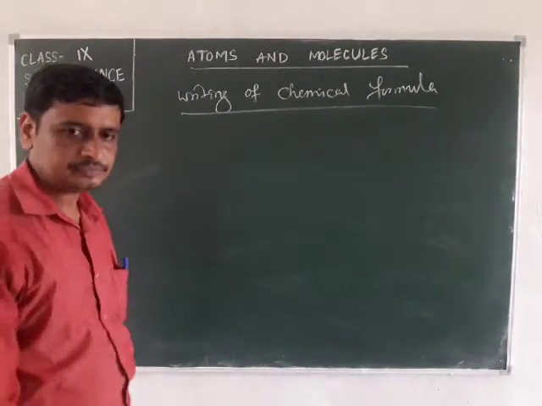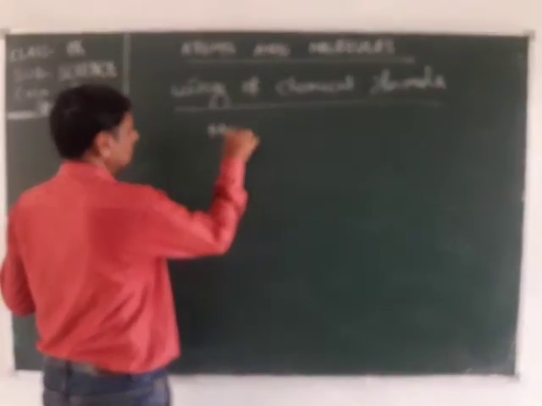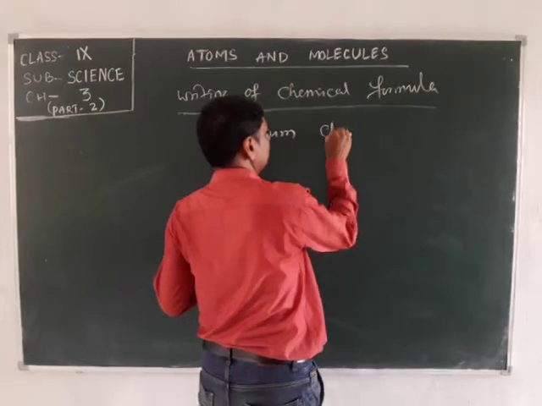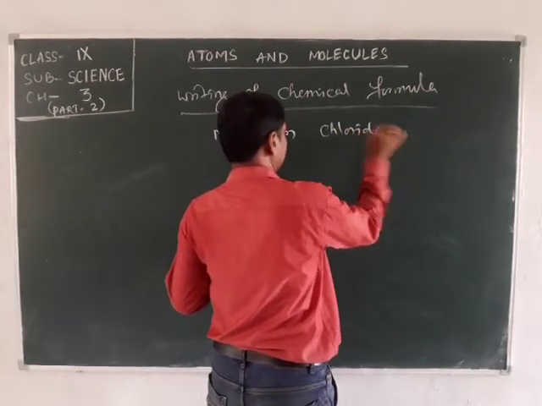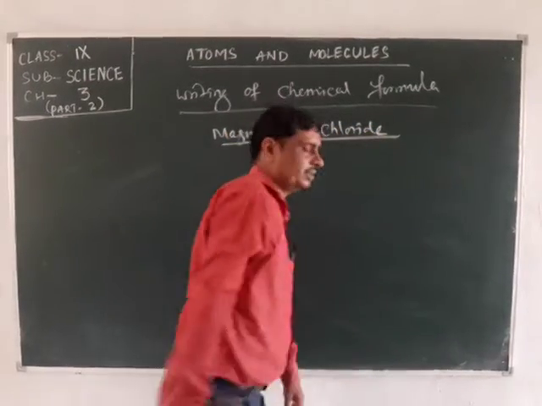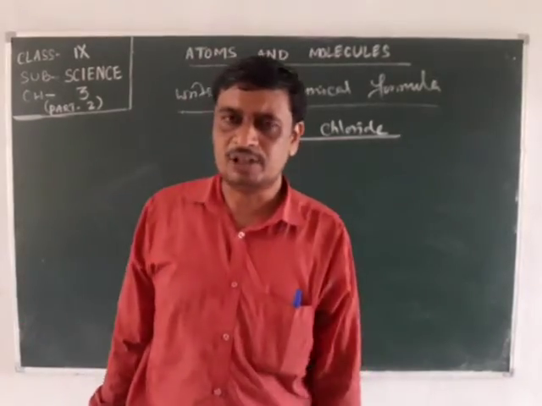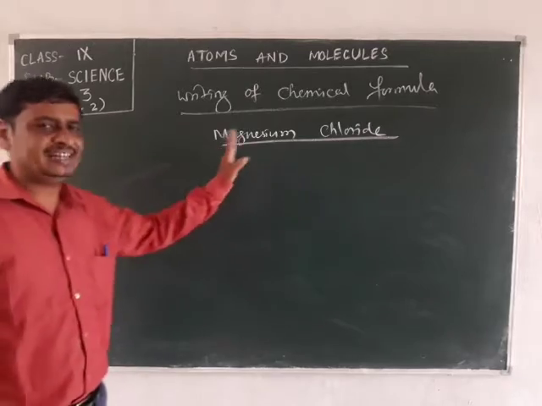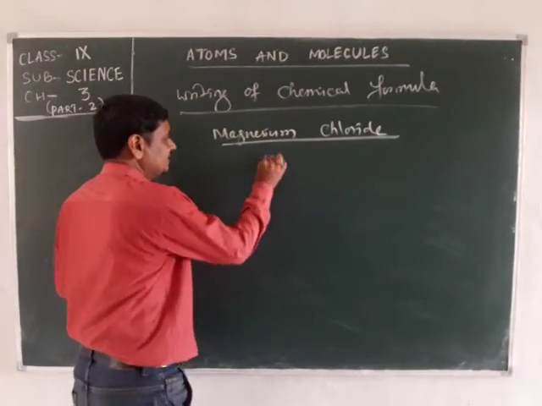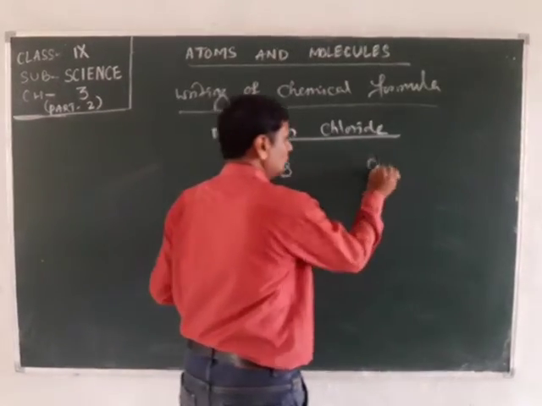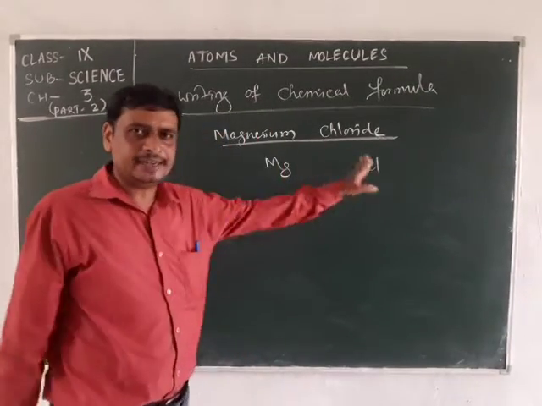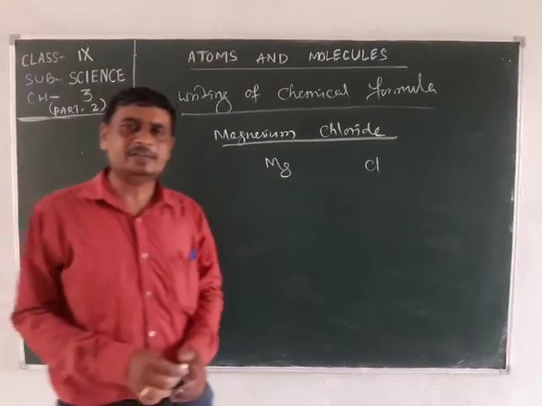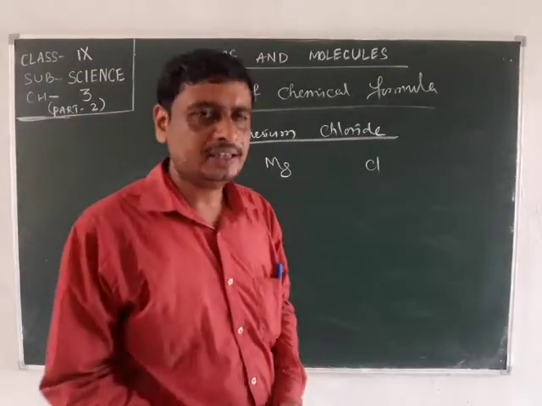Like magnesium chloride. How to write the chemical formula of magnesium chloride? Two elements are combined here: first magnesium, second chlorine. We write the valency of each element just below that atom.